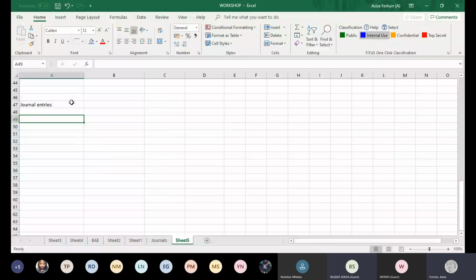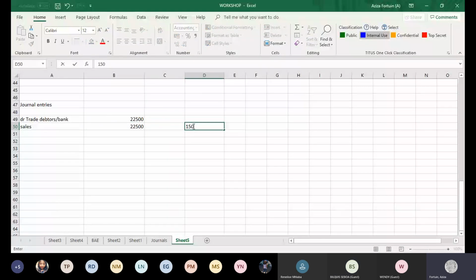Okay, so let me do the first one for you. You're going to debit your trade debtors, or bank if we did it that way, and credit our sales. We would have done 22,500, based on the 1,500 Rand selling price times how many dolls did we sell? 15.